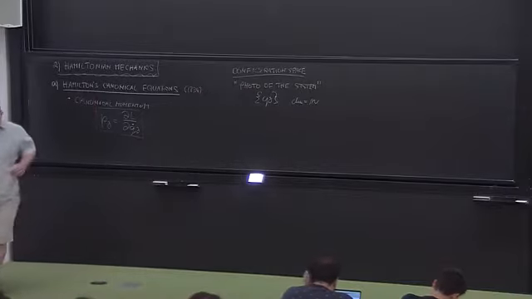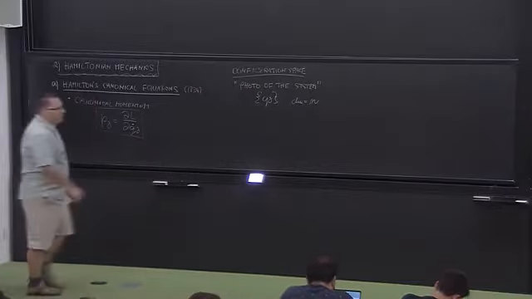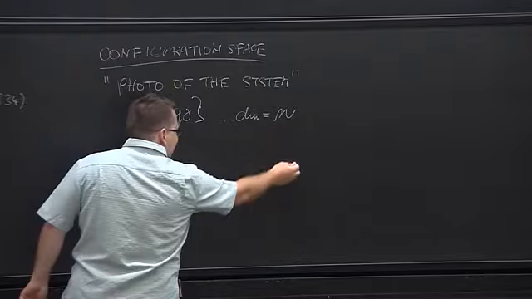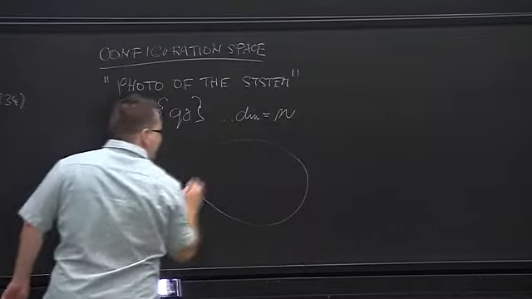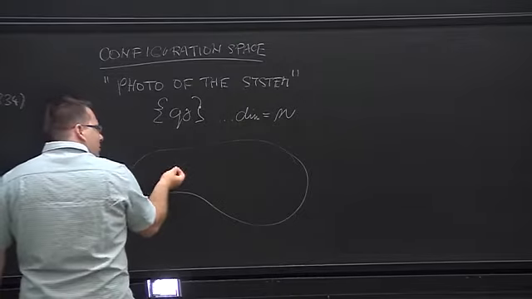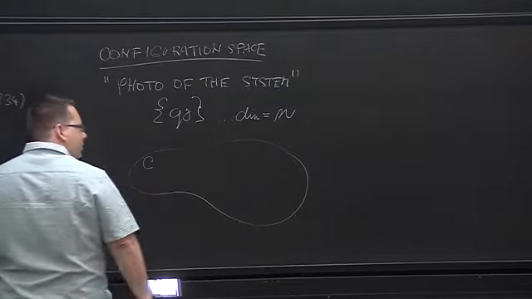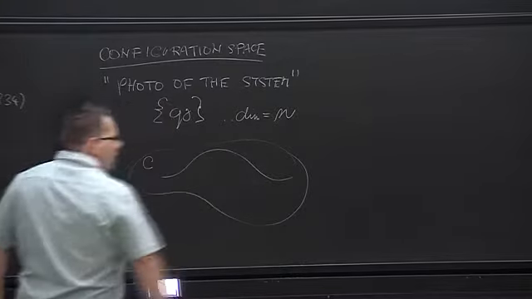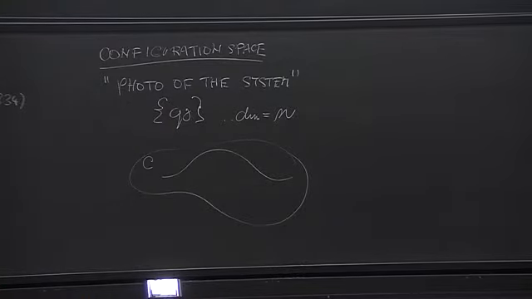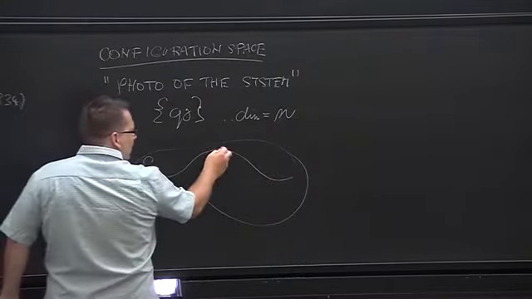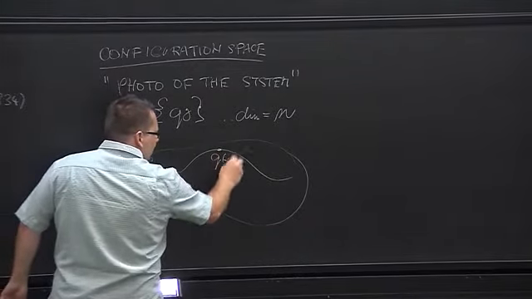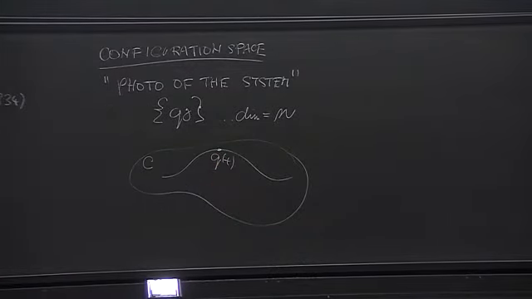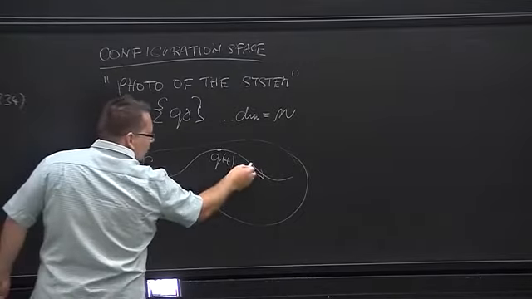For example, say you have a motion on an asteroid. This is my asteroid, my configuration space, and I sweep a trajectory like that on my asteroid. At any given time I simply have q(t), and at a later time I will have another q(t), and so on.